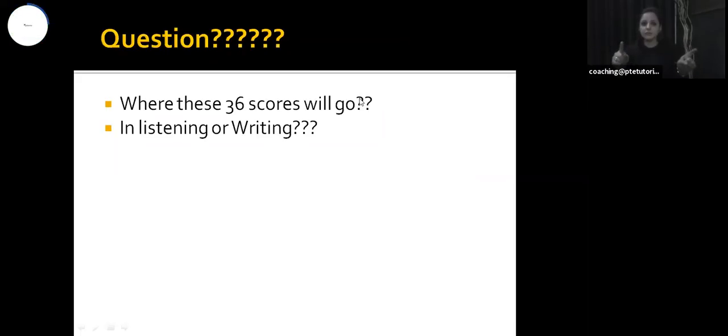After giving the score for listening, what will be going on? Software checks your writing. And how it checks your writing? Then comes grammar. Then comes the part of grammar, punctuation. That's why it is said that if in write from dictation, you are not writing the first letter of the first word of that sentence capital, you will be getting less score.